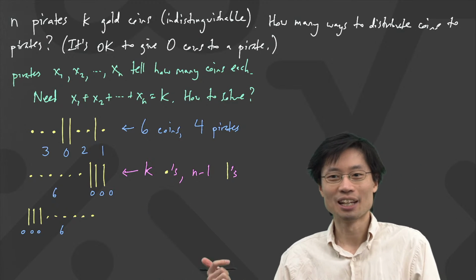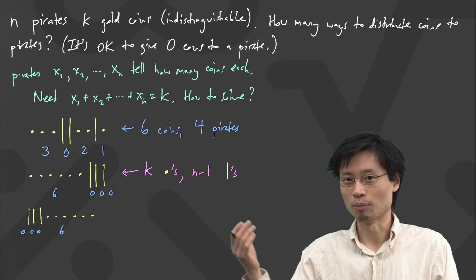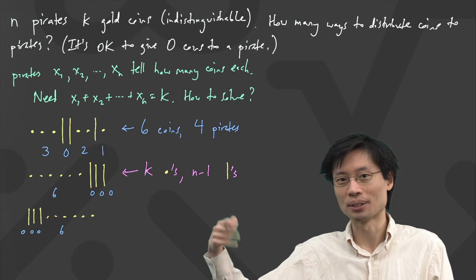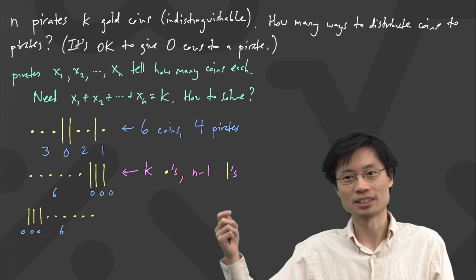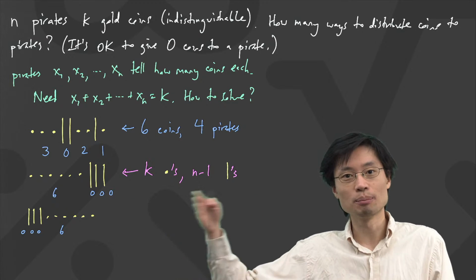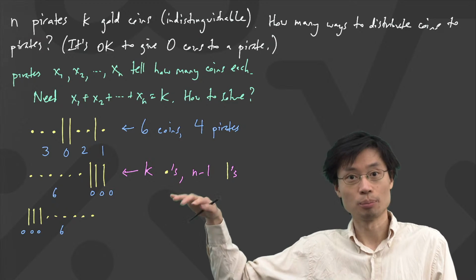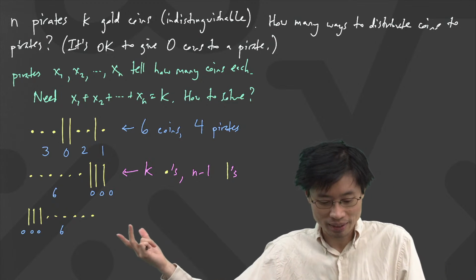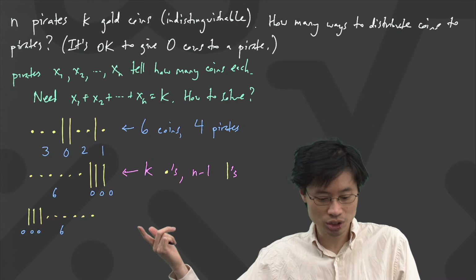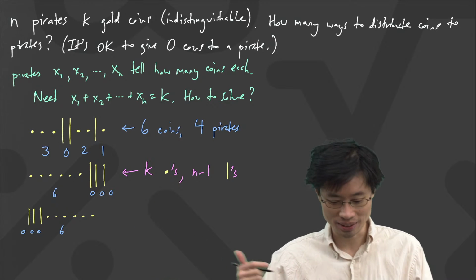And we've seen that. If we're ever trying to rearrange a bunch of symbols, where I have a bunch of R's and a bunch of L's, the answer is, take all of the positions that you've got, and choose where you put your favorite one. Did you say choose n minus 1 or choose k? Which one did you say?